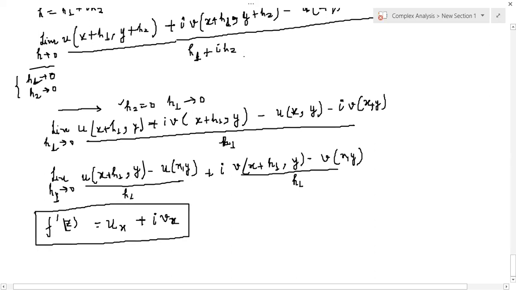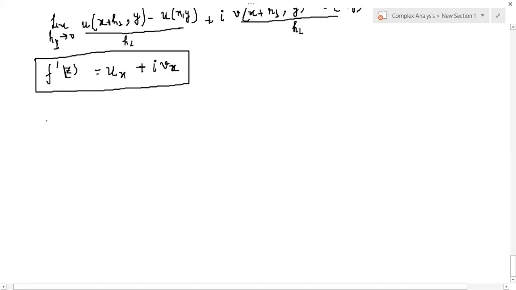Similarly, if we take the path of approach along this direction, that is, if we approach h tends to 0 in a way that h1 is equal to 0, but h2 tends to 0, now, if we take this approach, what will we get?